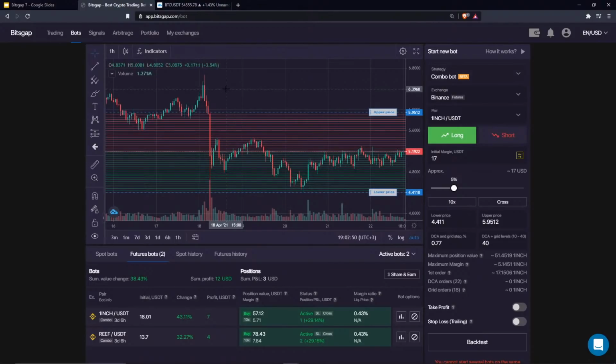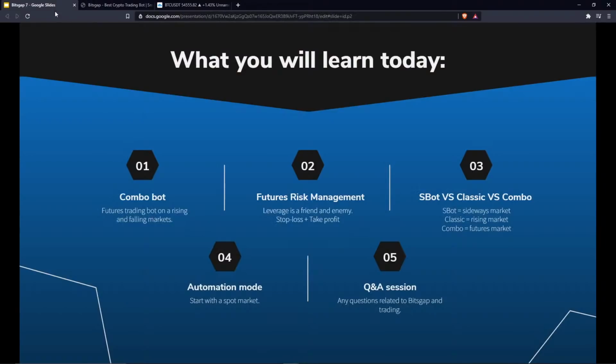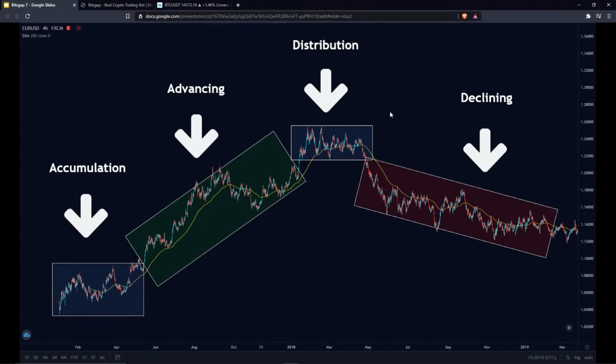So one of the biggest questions when it comes to automation is which market phase is optimal for the S bot, the classic bot, and the combo bot. There are in general 4 market phases. That's the accumulation, which you see before the rally.